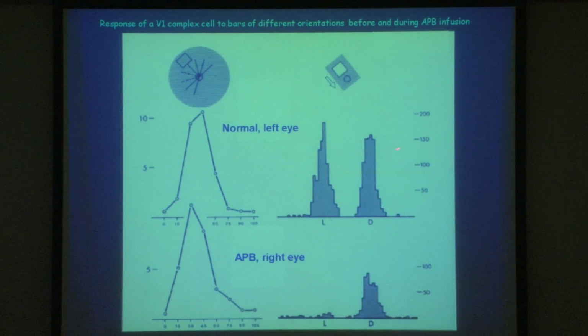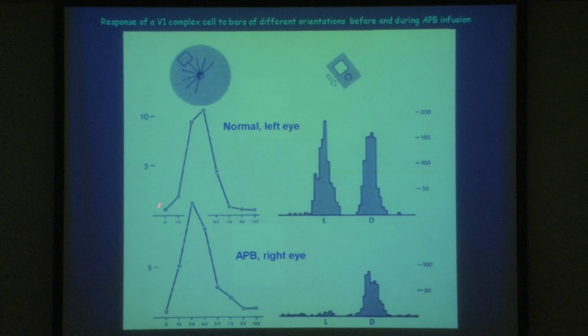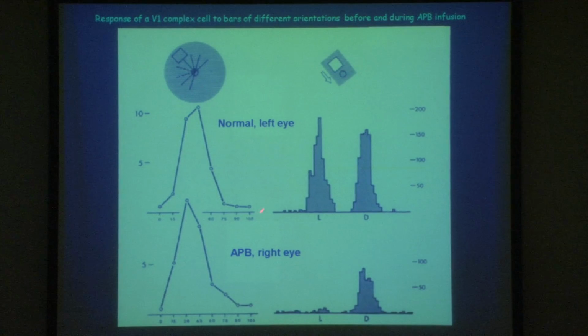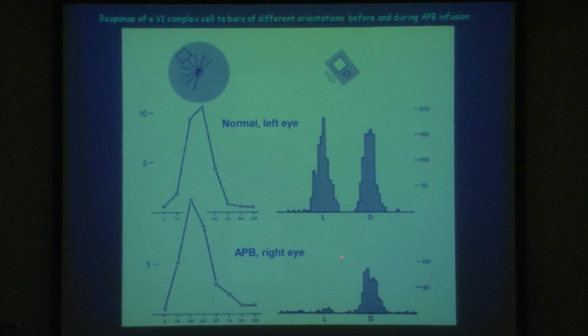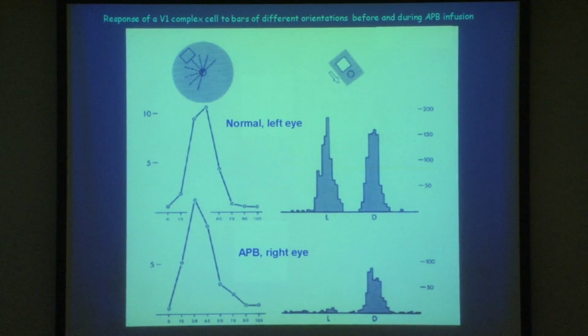And here we have an example using a very similar procedure. Again, a complex cell. When the APB is injected, the light edge response disappears. You move the bar across in different orientations, and this is the orientation specificity you get. Now this is calculated here on the basis of only the dark edge response, because you want to keep it the same as you're going to do here, since the light edge response is eliminated.